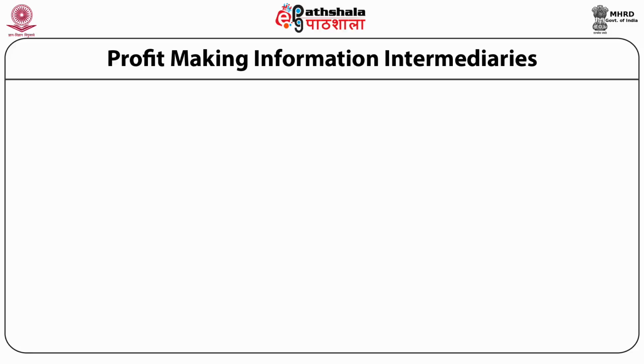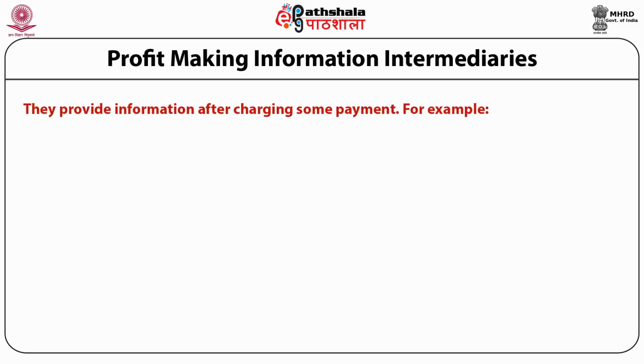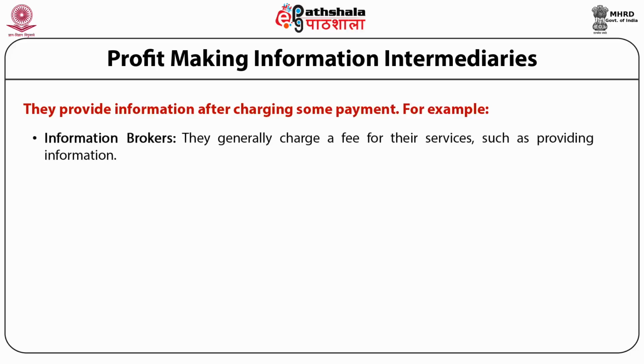As far as profit-making information intermediaries are concerned, they provide information after charging some payment. For example, information brokers generally charge a fee for their services, such as providing information, and these information brokers are of two types: independent brokers who work independently, and institutional brokers where the institution takes up the job on themselves.